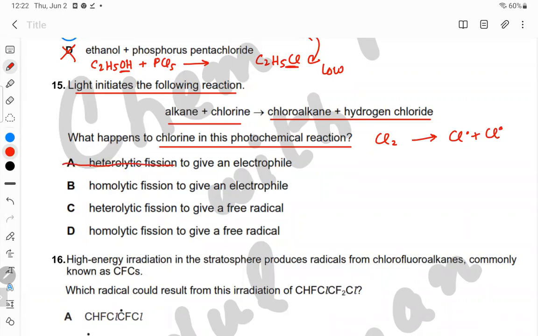In A, they have mentioned a heterolytic fission. In C, they have mentioned a heterolytic fission. Yes, very good. And whenever a homolytic fission occurs, the products formed are radicals. So D is the correct answer.